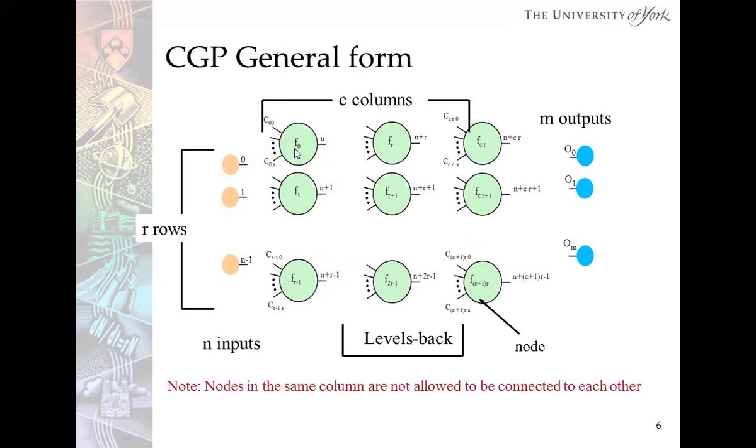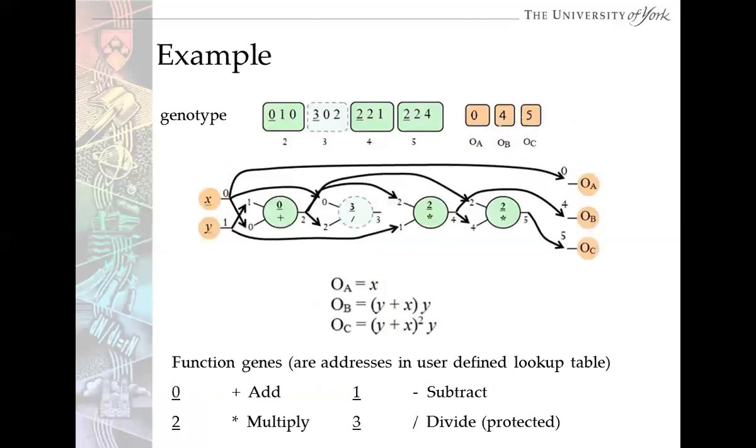Let's look at an example. In this example, there are 4 columns of nodes and 1 row. So we've just got 4 nodes here and it's 1 row. We assume that the problem we're trying to solve has 2 inputs, which we've denoted X and Y, and 3 outputs denoted OA, OB, and OC.